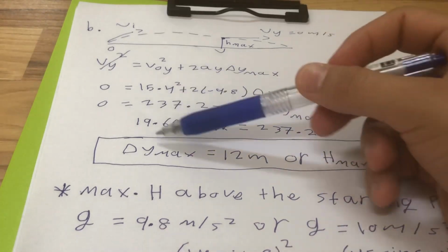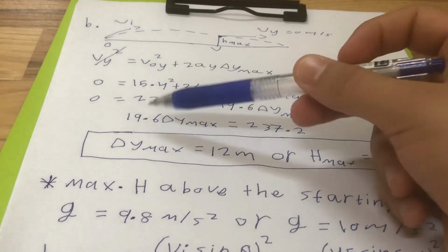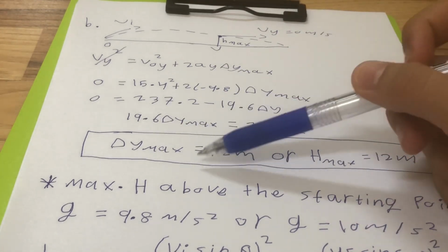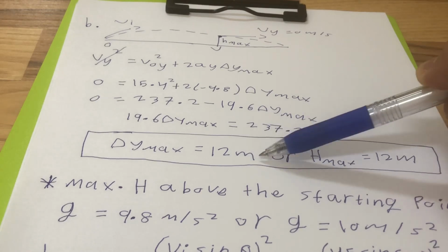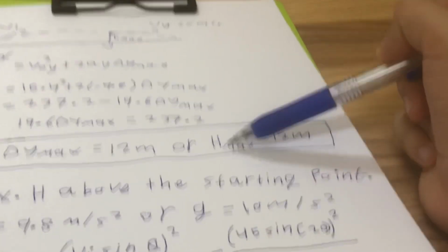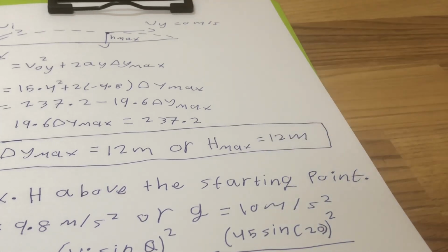Divide both sides by 19.6 and cross them out. So the answer is delta y max is 12 meters, or h max, the maximum height, is 12 meters.